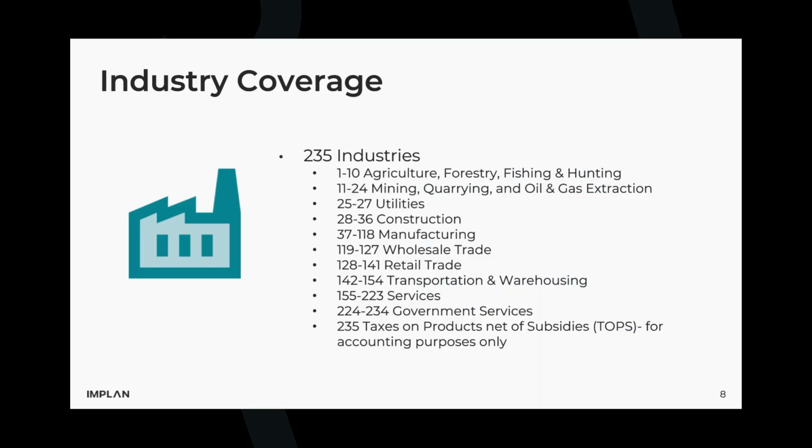It's important to note, especially if you are familiar with our IMPLAN US product, that this IMPLAN Canada product covers a different set of industries. So it has its own unique industry scheme. And this includes 234 functional industries, and then one industry that accounts for taxes on products net of subsidies.